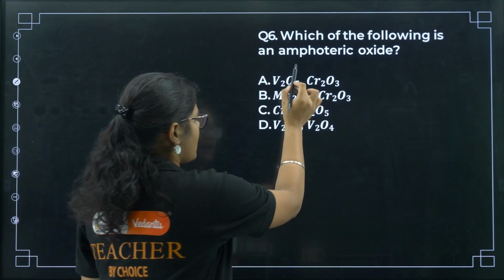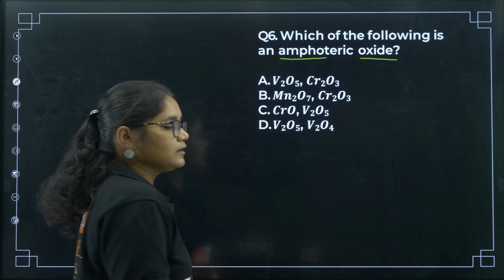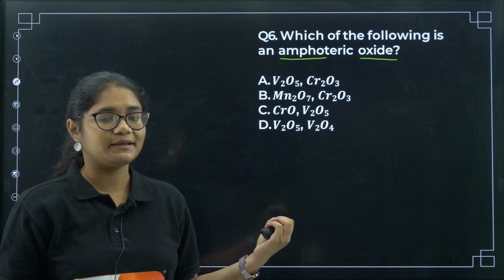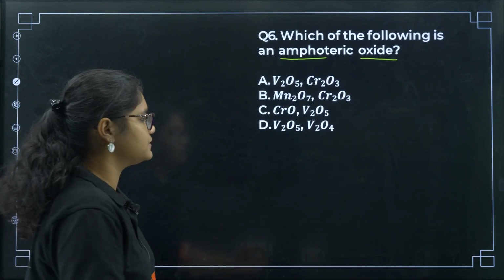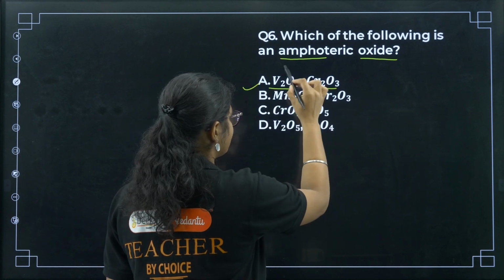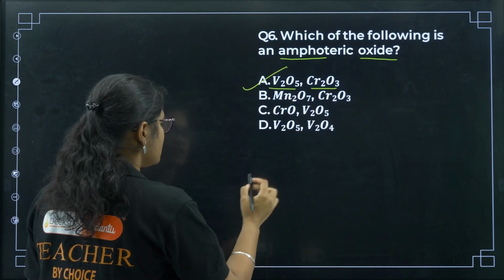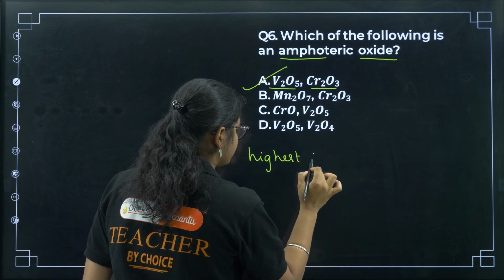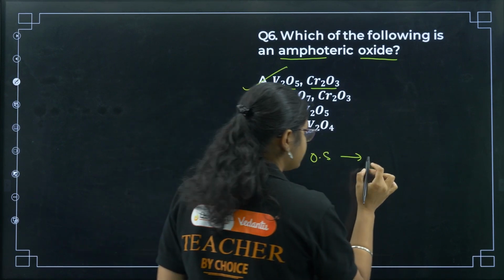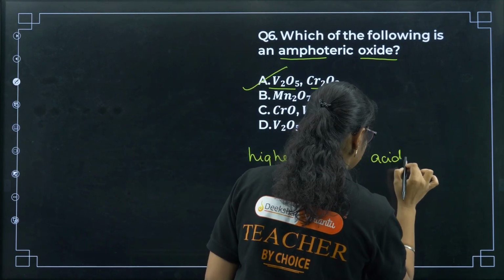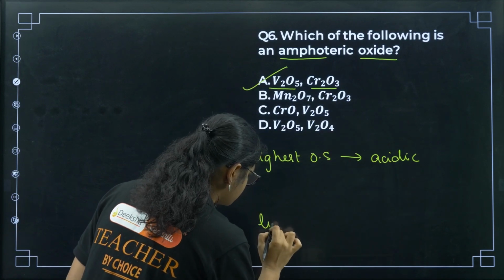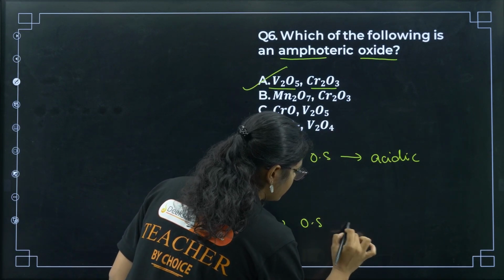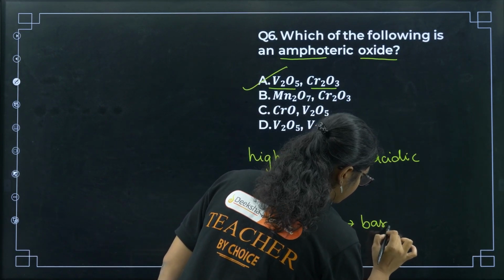Next, which of the following are amphoteric oxides? This is a direct memory based question, so you must remember the examples of amphoteric oxides: V2O5 and Cr2O3. Option number A. Here you should remember that if the oxidation number is highest, then generally they are acidic in nature. If the oxidation number is low, then they are basic in nature.